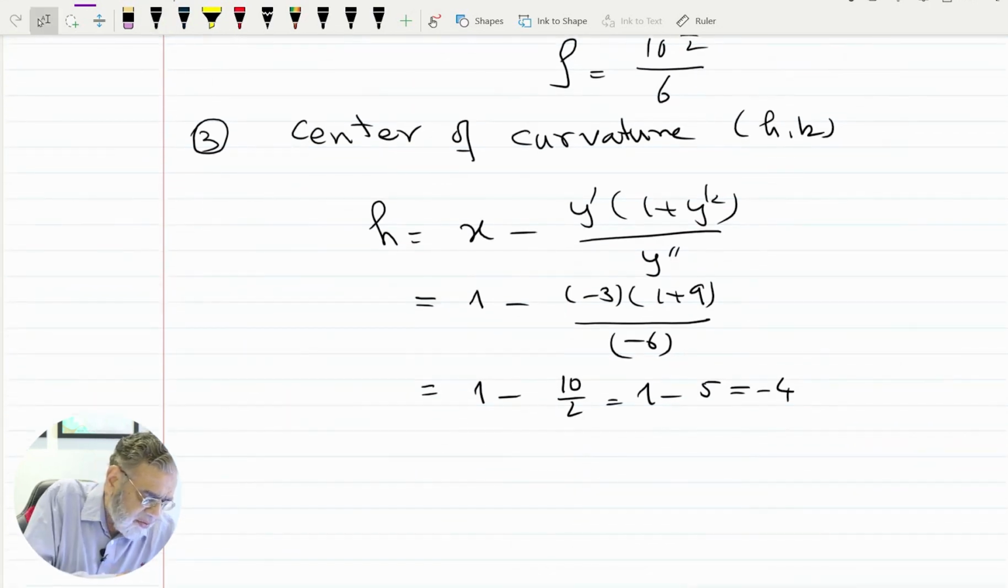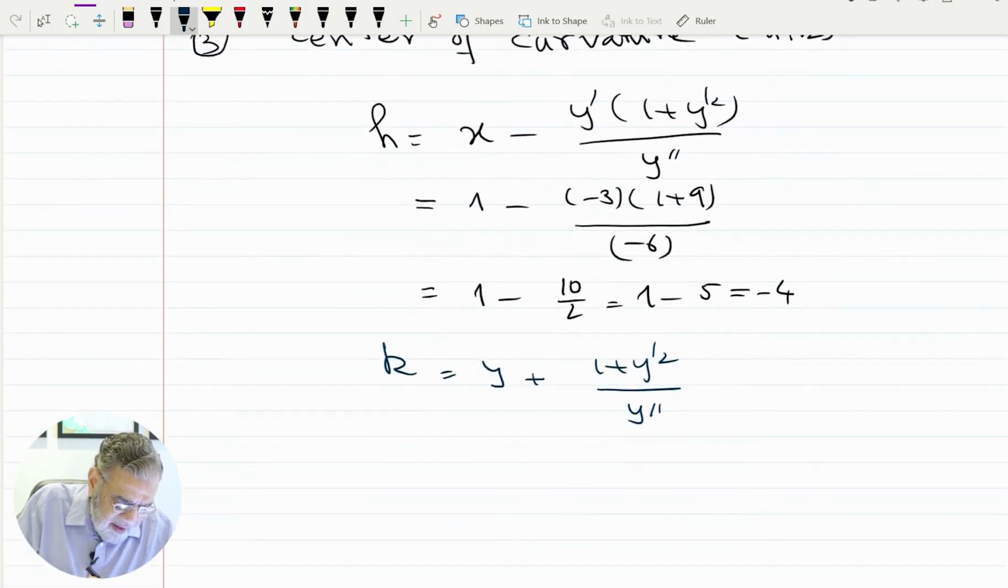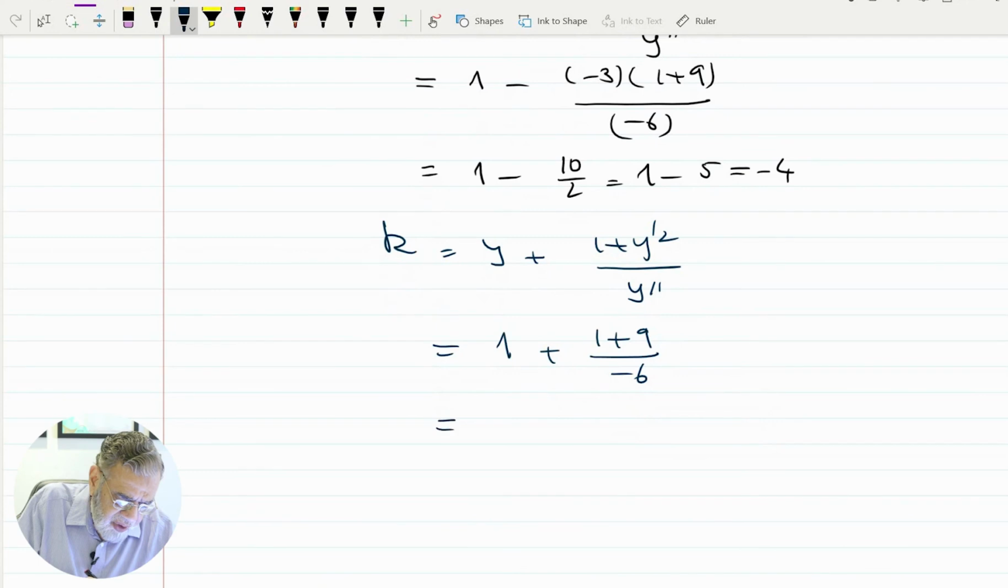To find my y value, the value of k is equal to y plus (1 plus y dash square) over y double dash. So again, the value of x is 1, y is also 1, plus 1 plus y dash square is 1 plus 9, and y double dash is minus 6. That gives me 1 minus 10 upon 6, and this is 1 minus 5 upon 3.